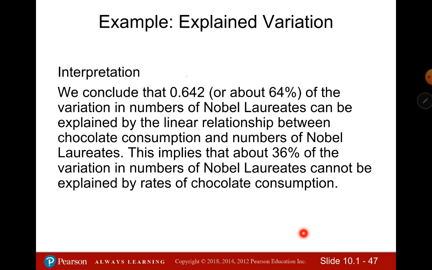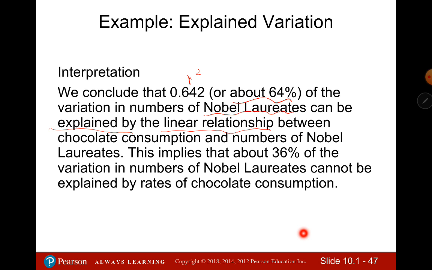So if R squared value is 0.642, we will say about 64% of the variation in numbers, this is our Y variable, can be explained by the linear correlation between X and Y. So we will use the R squared value to express the linear relationship between X variable and the Y variable.